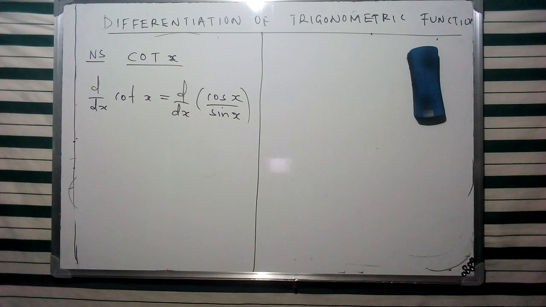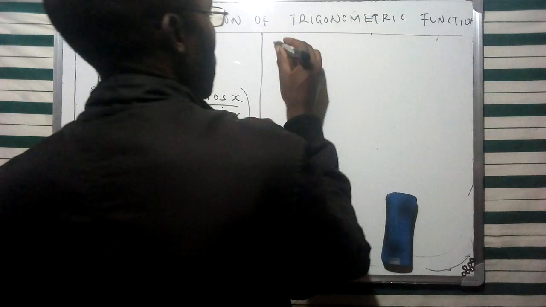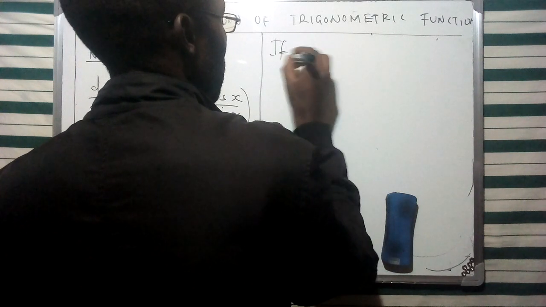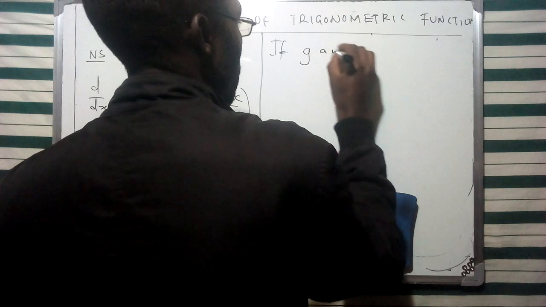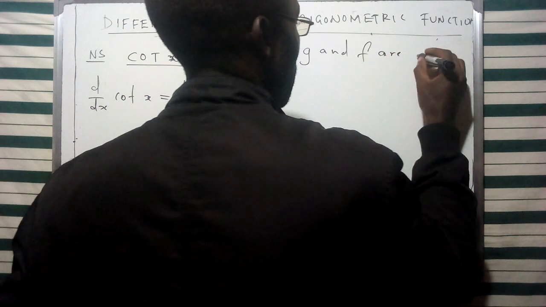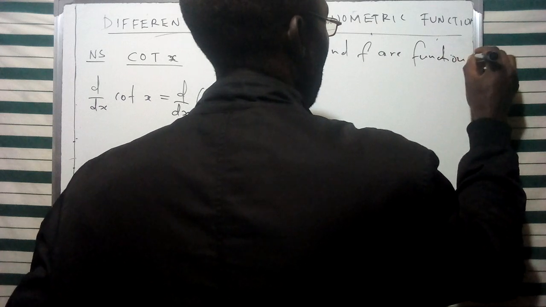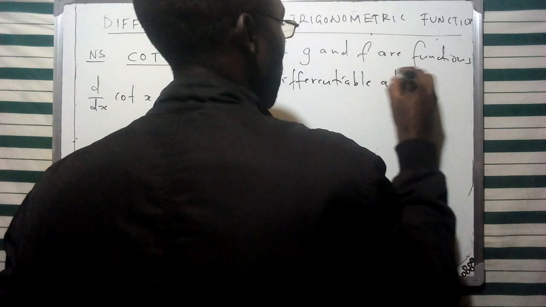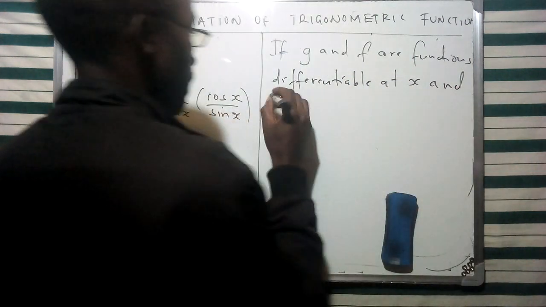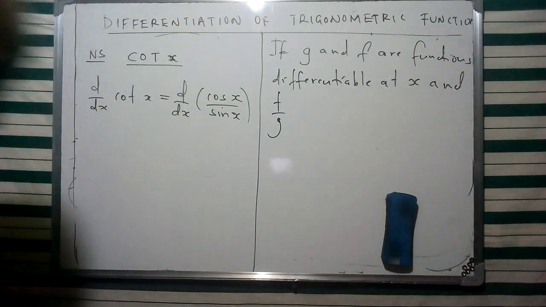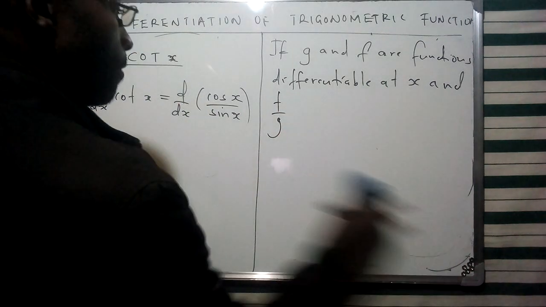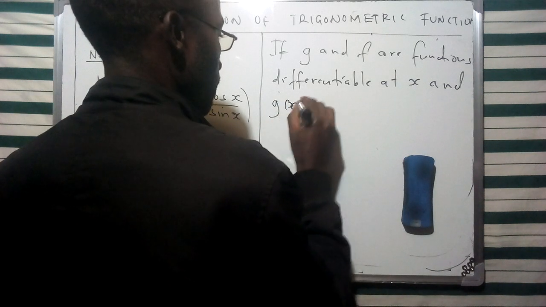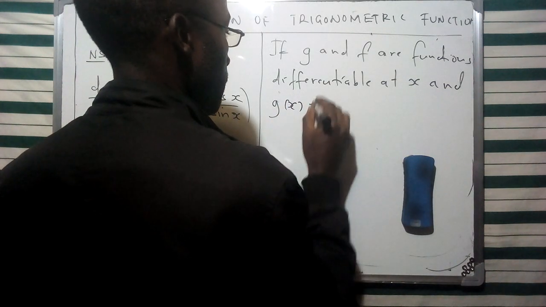We're going to employ the quotient rule, which was discussed in our previous videos. In that discussion, I said that we had a theorem that if g and f are functions that are differentiable at x, and g of x, which is the denominator, is not equal to 0.